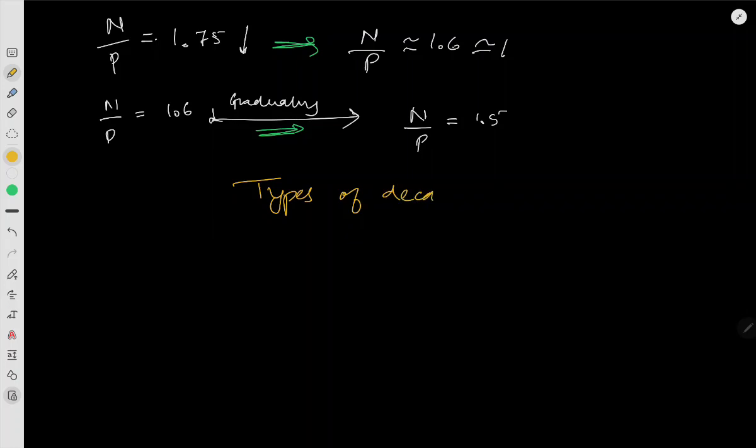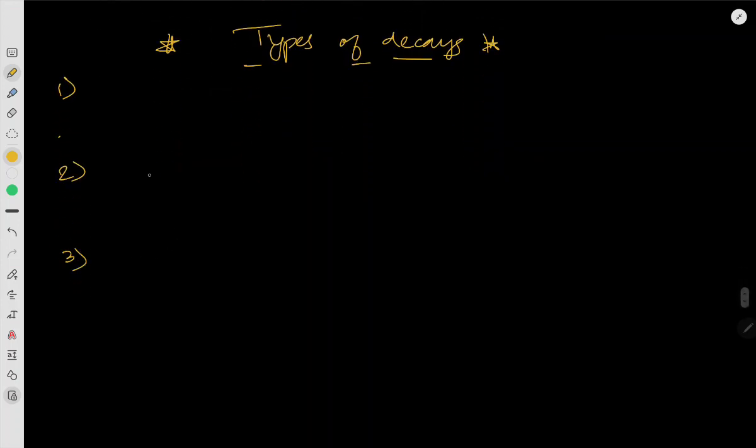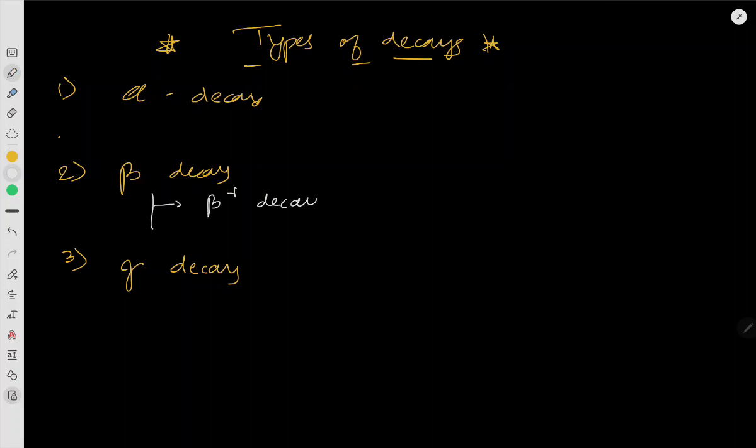Types of decays. There are in all three major types of decays. One is alpha decay, one is beta decay, and the third is gamma decay. Now, the beta decay is of two types, that is beta plus decay and beta minus decay.